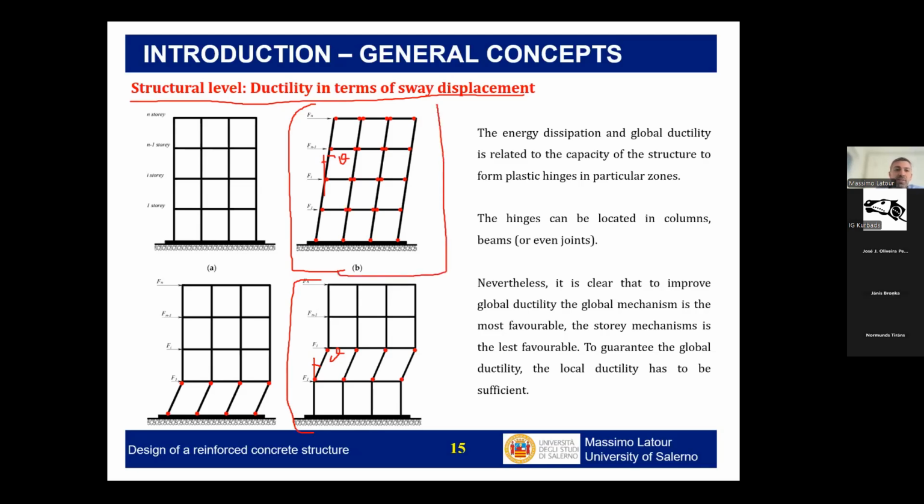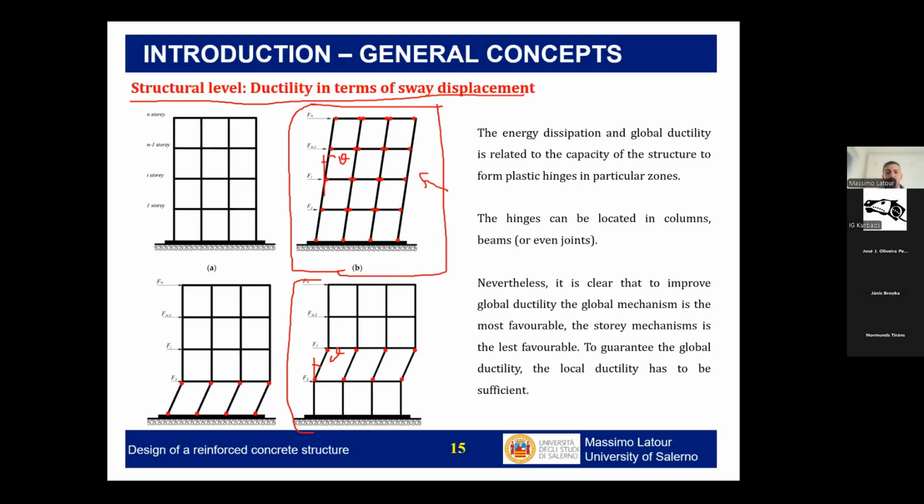Normally, I'm trying, when I'm designing, to go more towards a global failure mode. So a failure mode which is entailing a high number of plastic regions, which are in the beams and at the base of the columns.